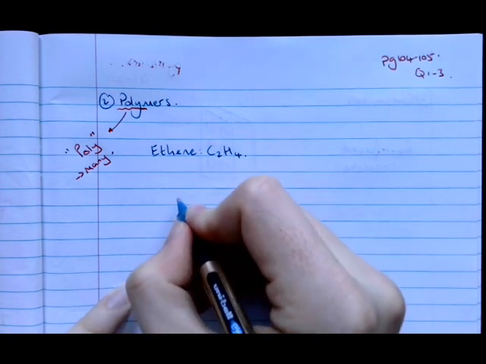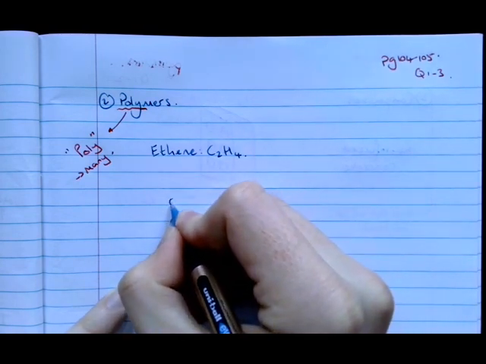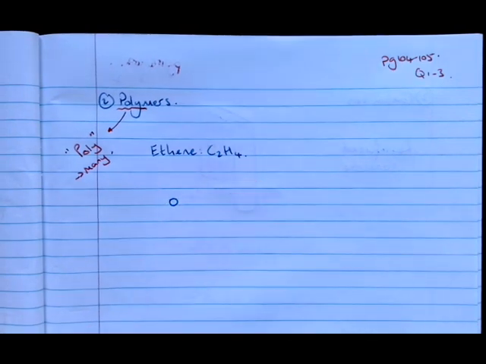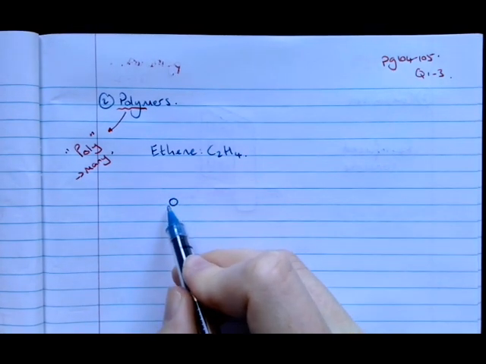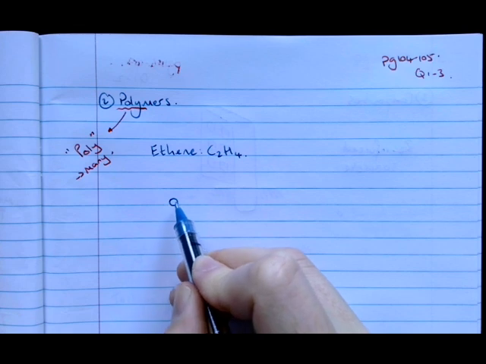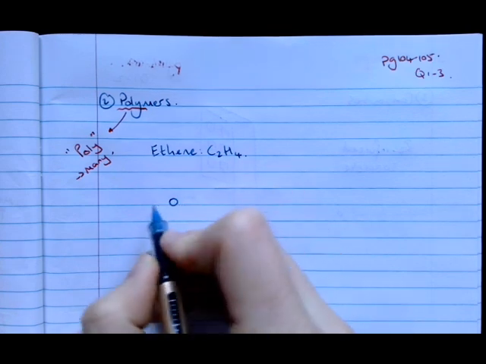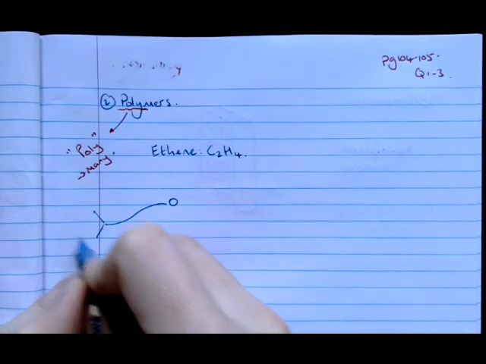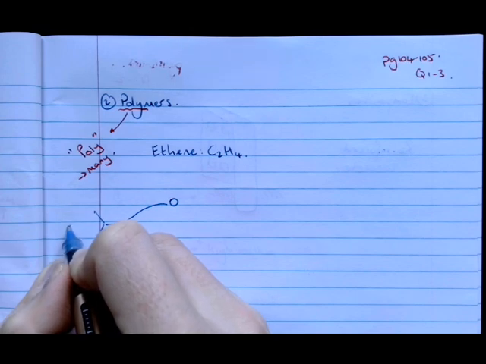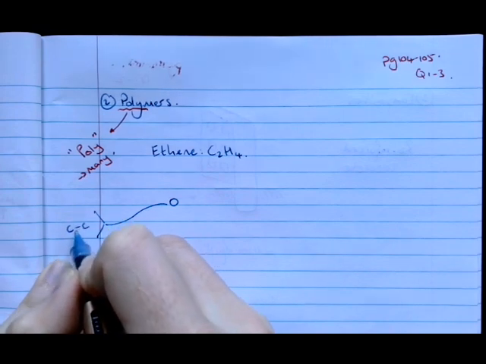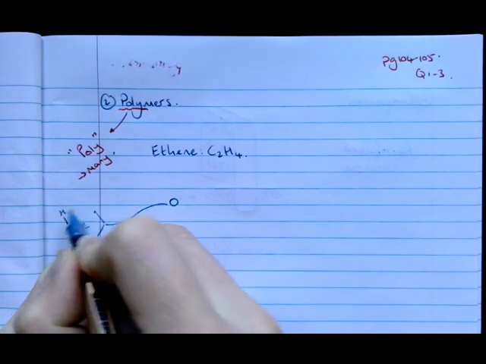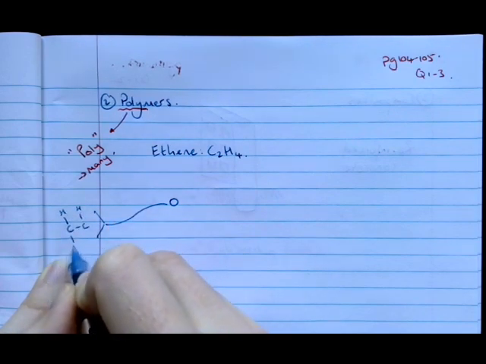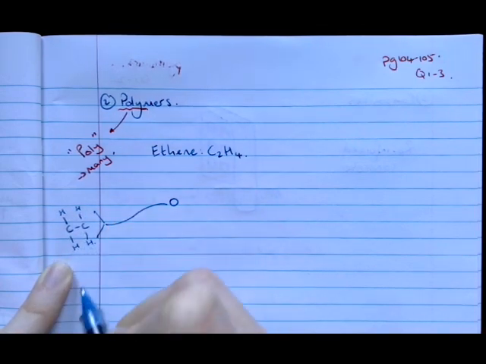Now let's imagine that this here is a molecule of ethene. Now, ethene doesn't actually look like this. I'm just drawing it like this because it's simple. But remember, if I was to blow this up, I'm going to have 2 carbon atoms and 4 hydrogen atoms.